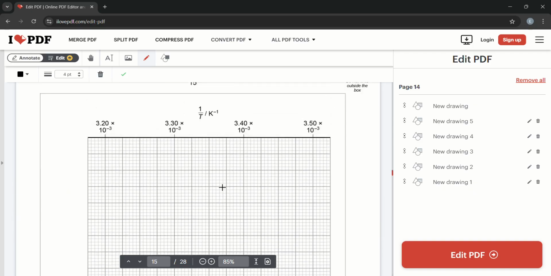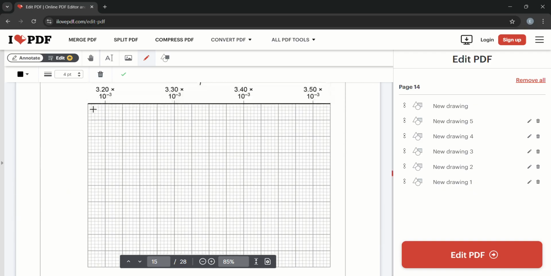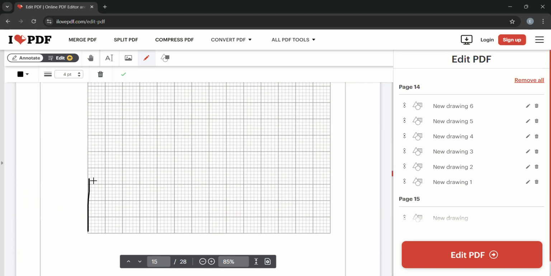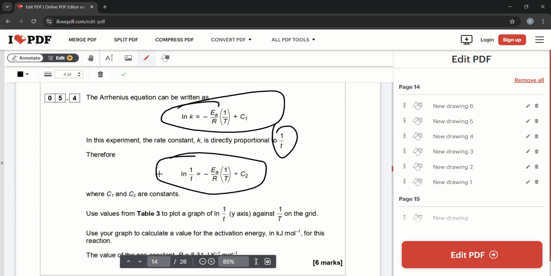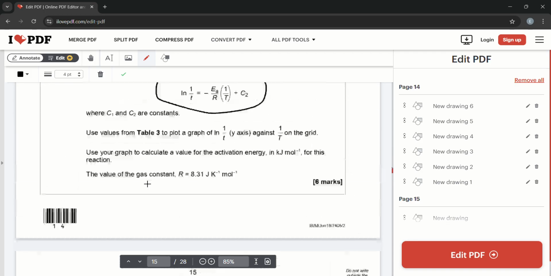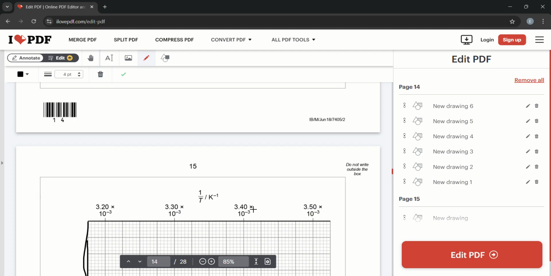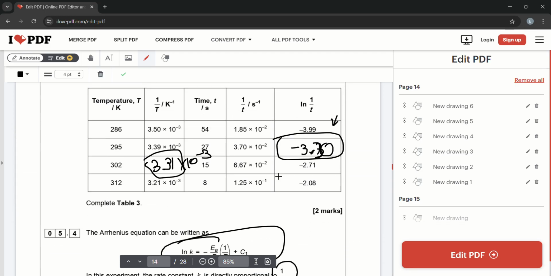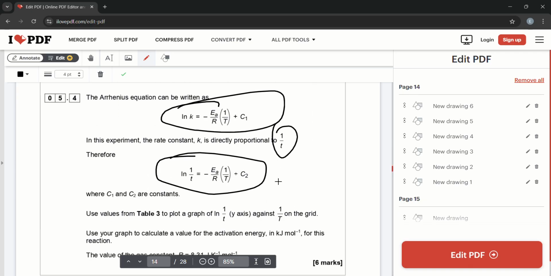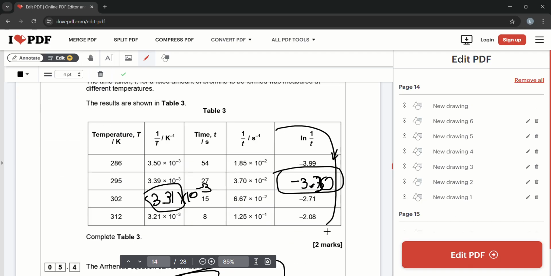Well, ln 1 over t therefore is going to be this, right? And we know we've already got 1 over T plotted. We know ln 1 over t is this.